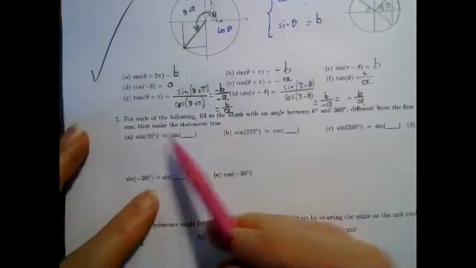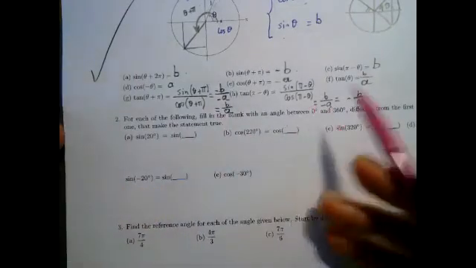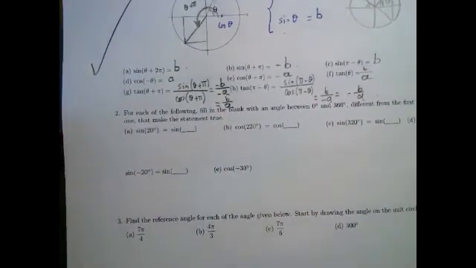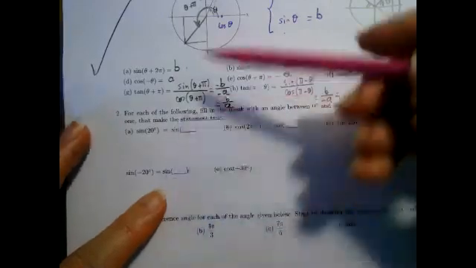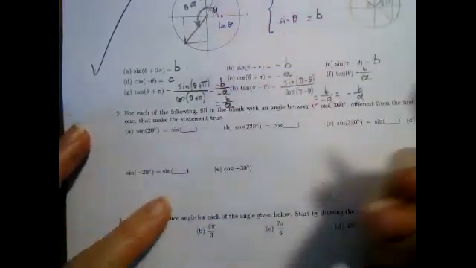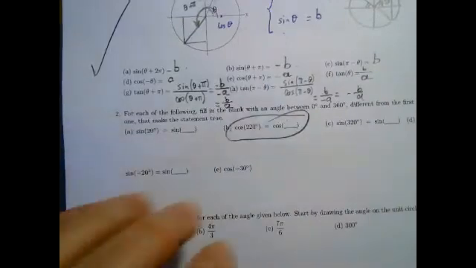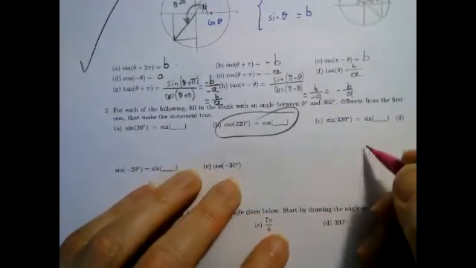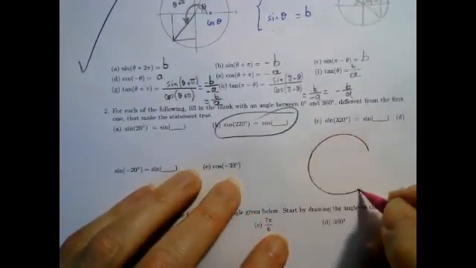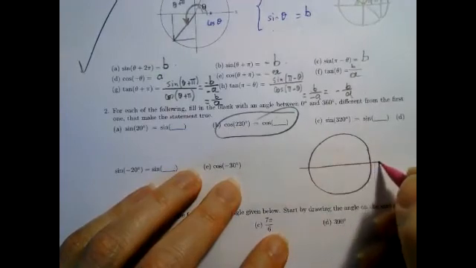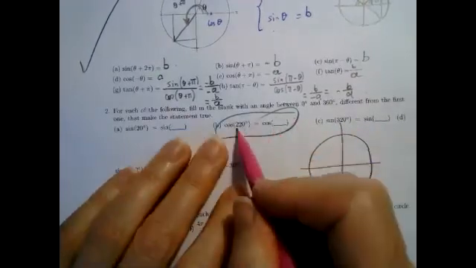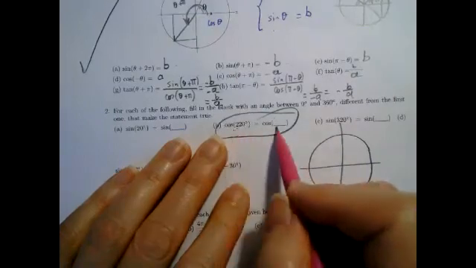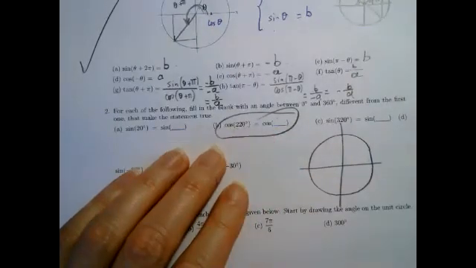Number 2 is something I've done several times. It will be on your exam, that's for sure, and you have to go over them. Basically, it's the same ideas over and over. So I will pick one of them, for example, this one. My question is, give me another angle besides 220 that has the same cosine as 220.